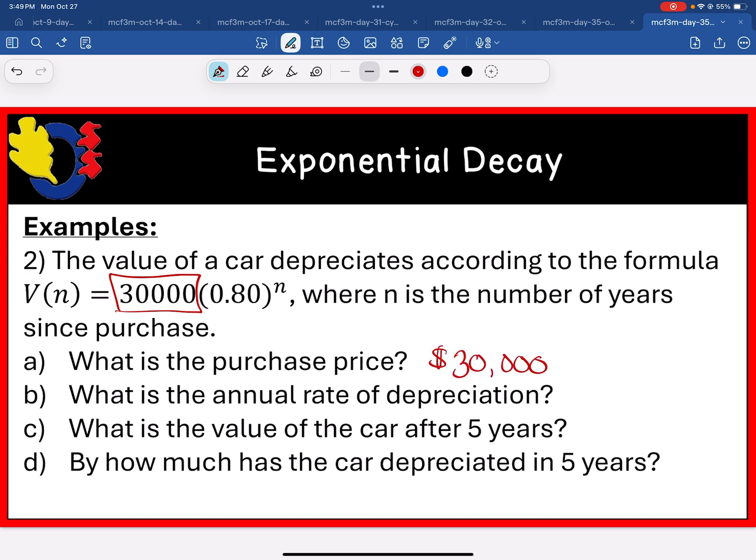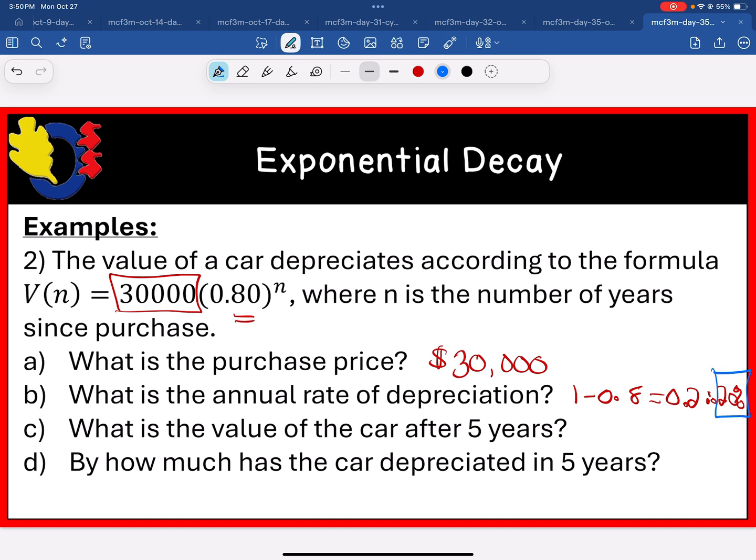What is the annual rate of depreciation? So this time, 1 minus 0.8 is equal to 0.2, which means we have a 20% depreciation rate. Okay, 20%.